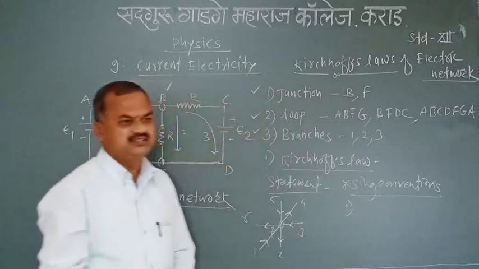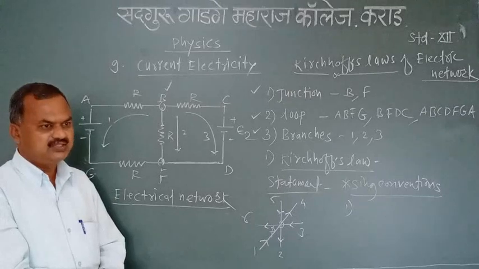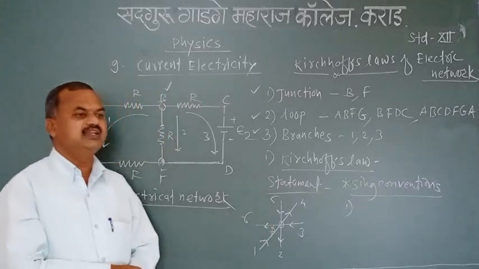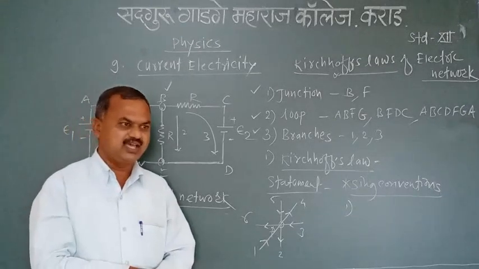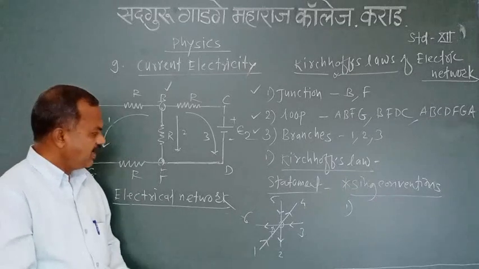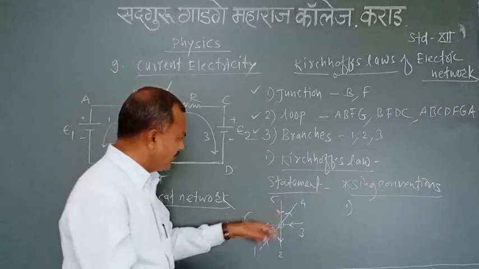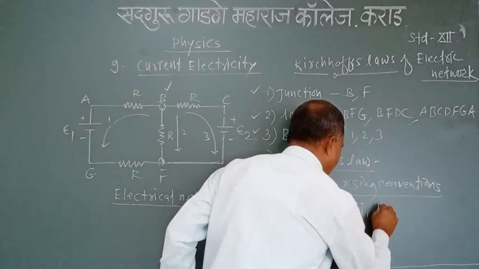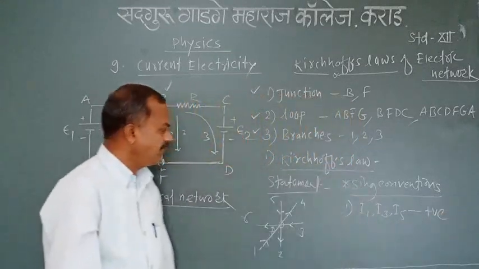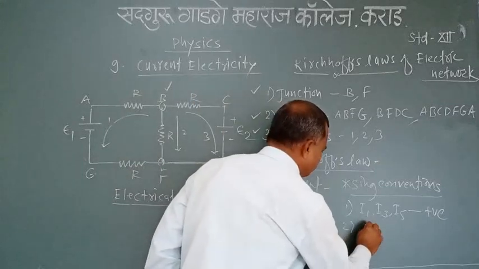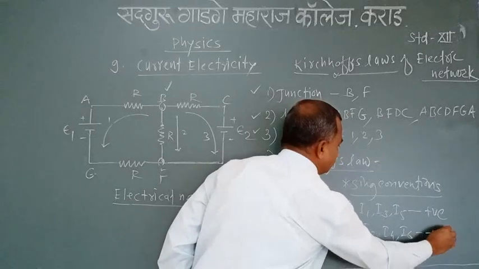First, the currents which are flowing towards the junction, or approaching the junction, are considered positive, while currents leaving the junction are considered negative. According to that sign convention, the currents I1, I3, I5 are considered positive, while currents I2, I4, I6 are considered negative.